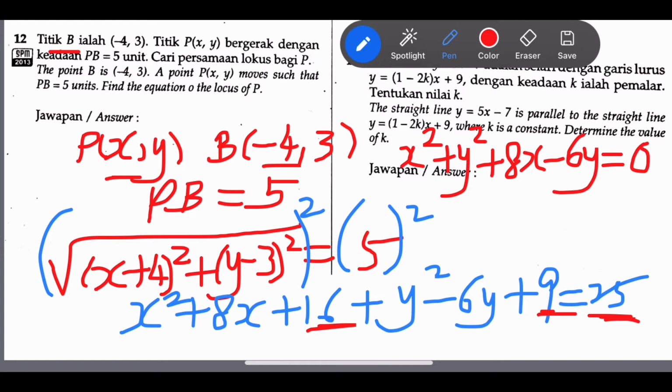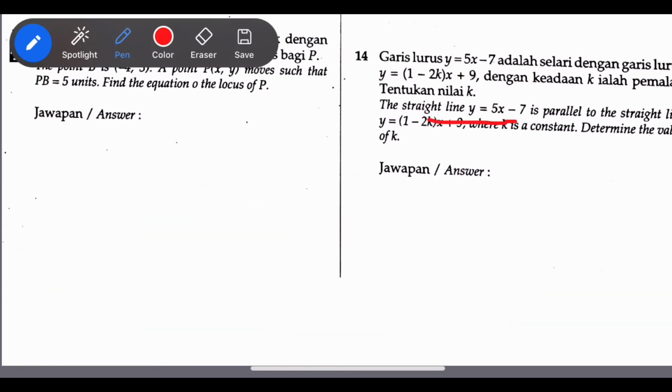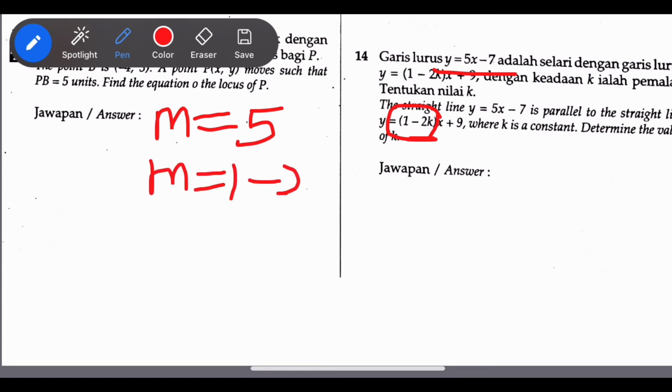Next, we proceed to the last question. This question is about the equation which is parallel. So once we see parallel, we will try to read out the gradient. The number in front of the x is actually the gradient when it is y in terms of x.